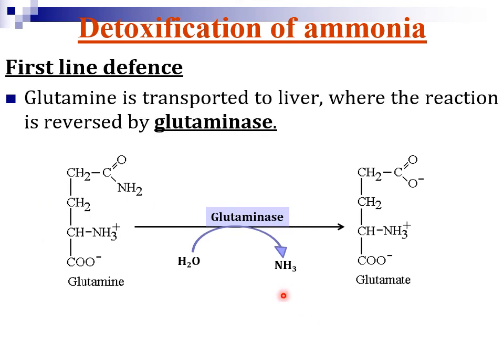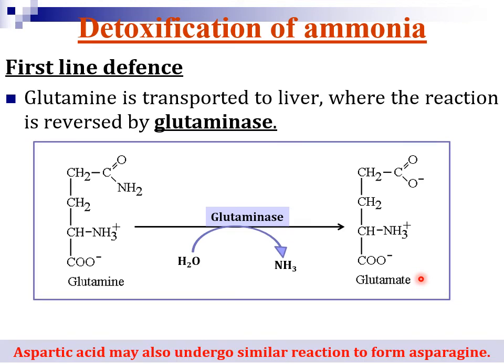So this glutamine that is synthesized in any part of the body, almost through the brain, will be transported to the liver, where this reaction is reversed by glutaminase. The amino group from the glutamine will be released in the form of ammonia by glutaminase enzyme, and the glutamine gets converted into glutamic acid.